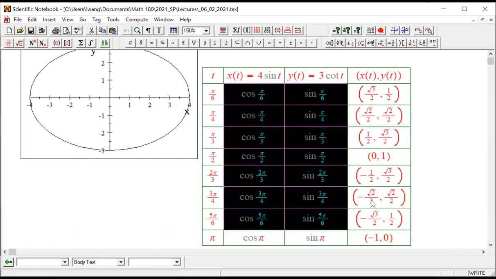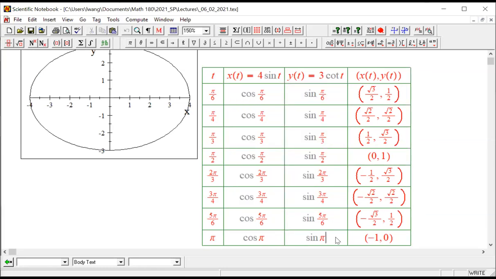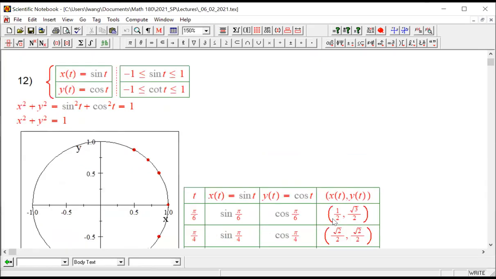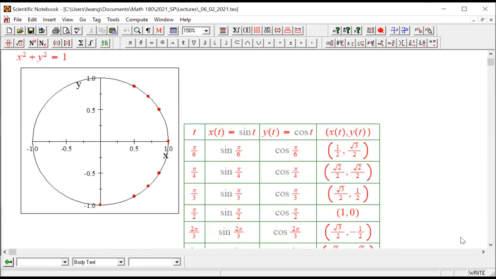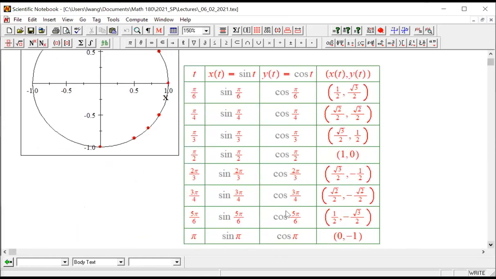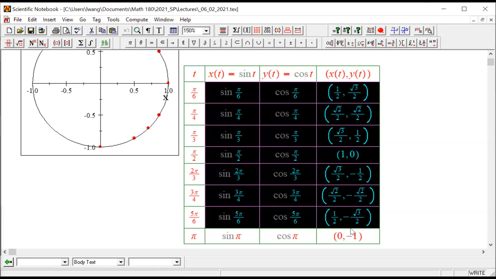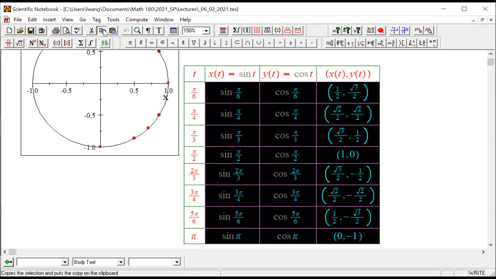I think we did that in number 12, right? We did number 12. So let's get to 12. 12 will be closer to that calculation, right? So all of that.